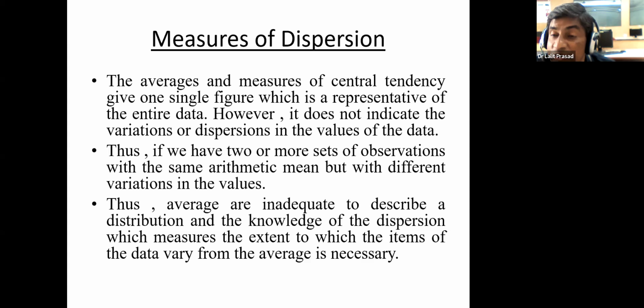Because mean does not provide the deviation in the data. If there are two or three data sets with the same mean value, we cannot find out the difference. So there is a requirement of measure of dispersion. So this is the limitation of mean. The same question can be asked in another way: why is there a requirement of measure of dispersion? The answer is the same.